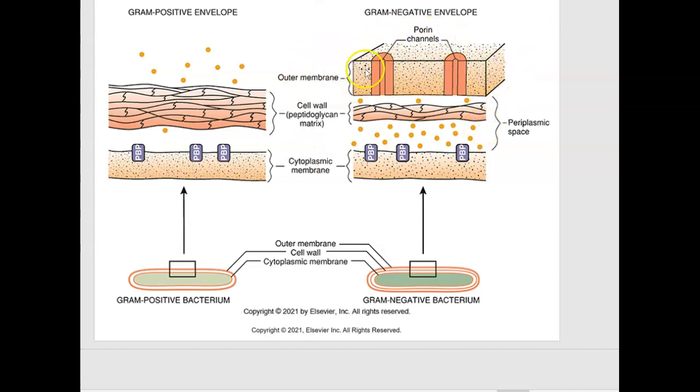Penicillin G, penicillin V, not so much. We want ampicillin and amoxicillin to penetrate the gram-negative envelope. Both drugs are readily inactivated by beta-lactamases and therefore are ineffective against most infections that are Staph aureus.